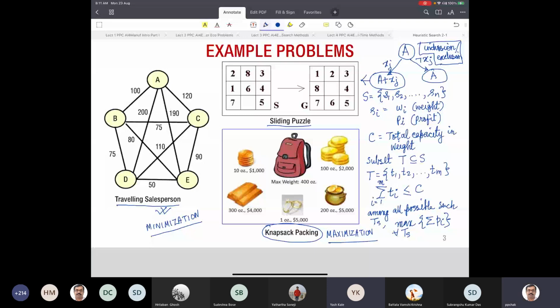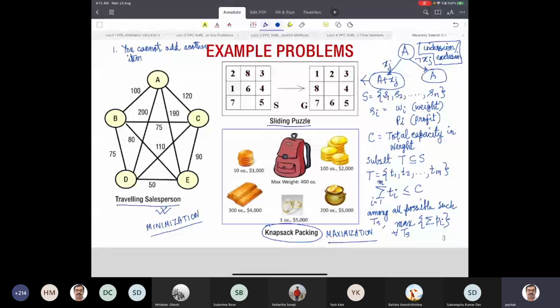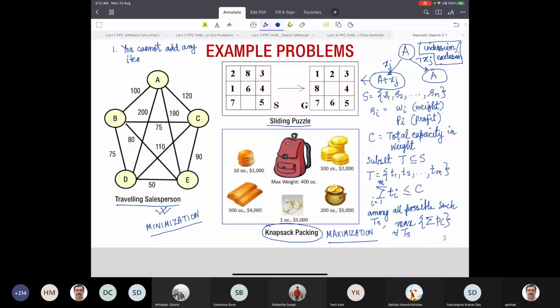What, once more? Yeah, one is you cannot add another item. Here another means any other item. So you cannot add any item from the remaining list, isn't it?